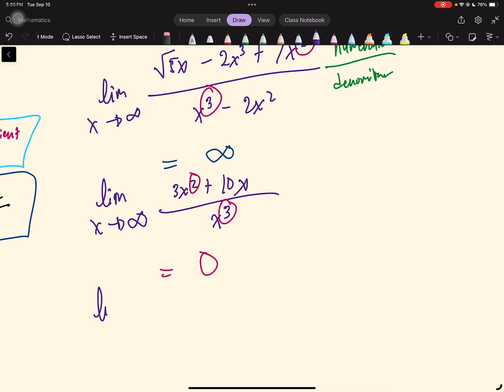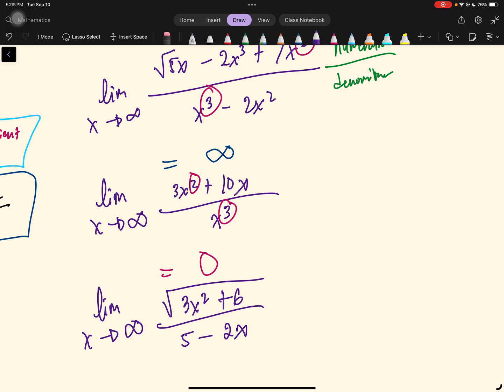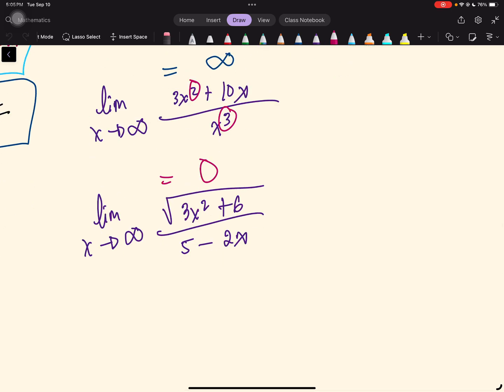Okay, so last one for this shortcut. Because previously, there was a problem that many people were confused by. This problem, 5 minus 2x. Now, let's see if my shortcut applies here. What my calculus professor did is divide everything by root x squared. He divided each term one by one. But using my trick, I would just observe the highest degree. Let's start with the numerator. What is the highest degree?